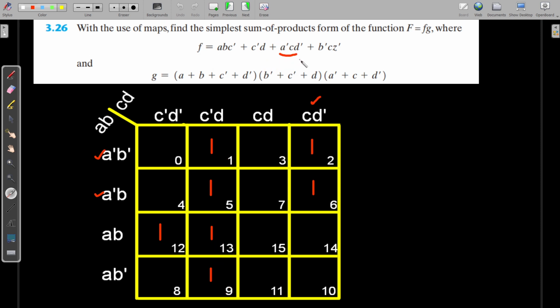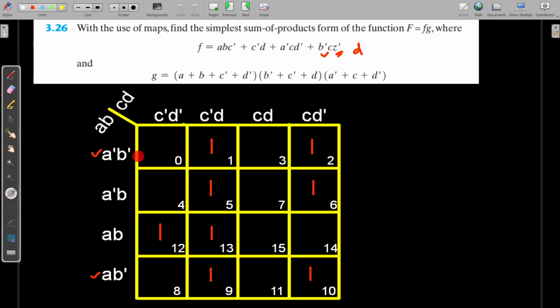Then we go for the third term, that is a' c d'. Here we look for this a' in these two rows and then the c d'. So it corresponds to the second and sixth cells, so we place ones into those cells. Then we go for the last term, it is b' c d'.